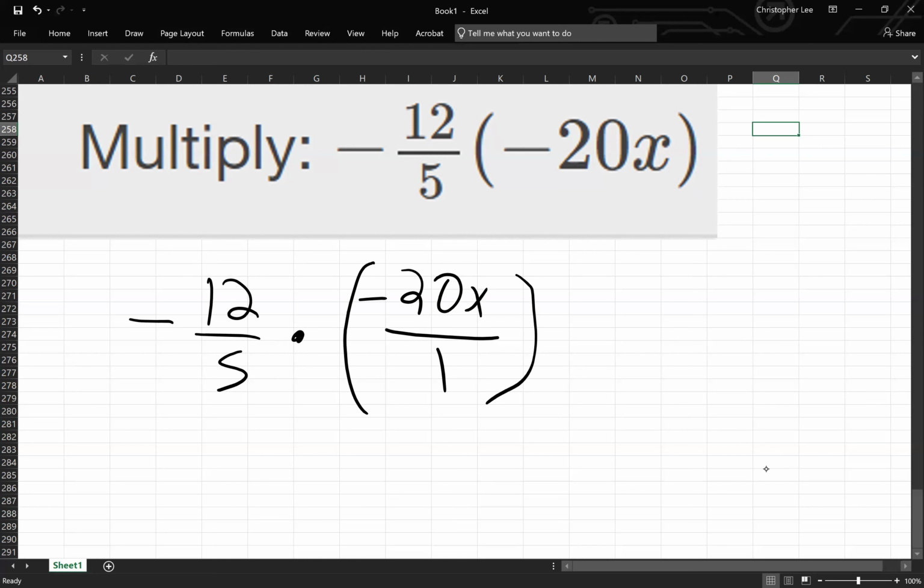I would just cross multiply, negative times positive. So this would become 12 over, let's say negative 5 times, so it'll be positive 40.